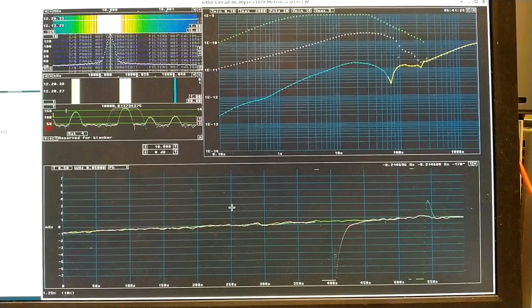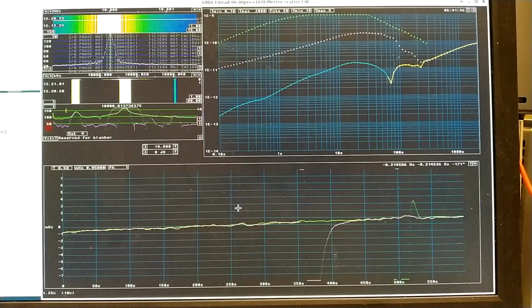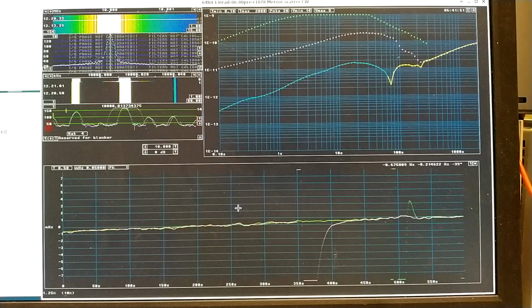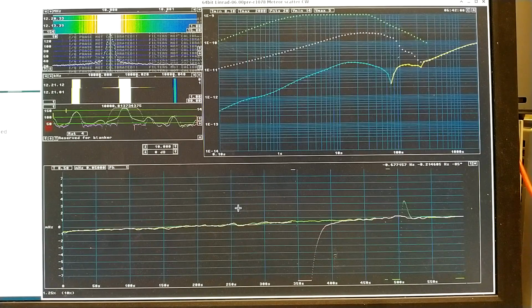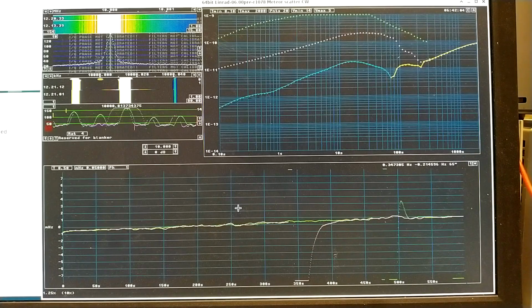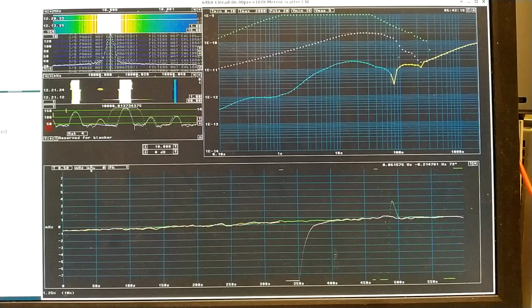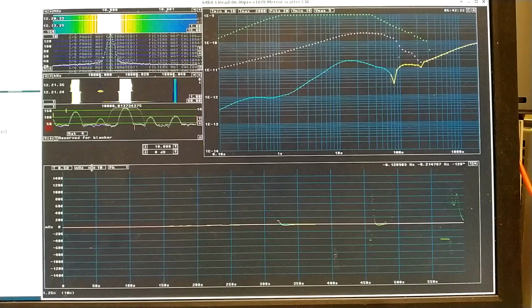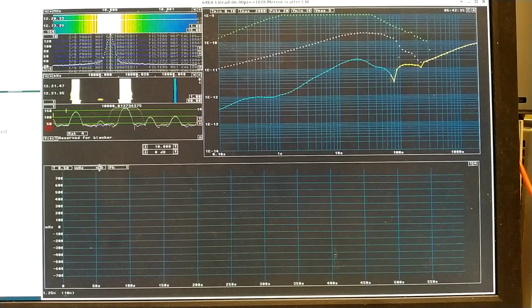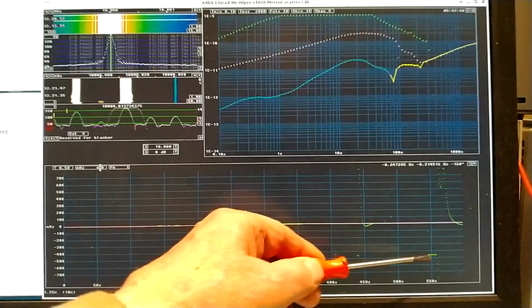I have made the graph run a little faster, and I will repeat the experiment. And again, while shorted, I get this frequency.